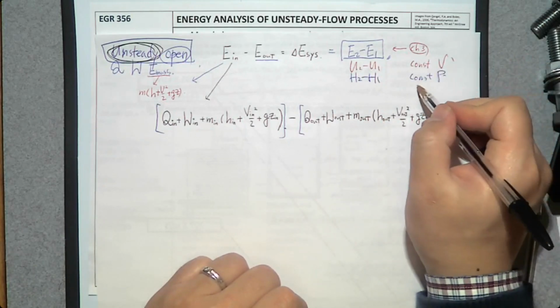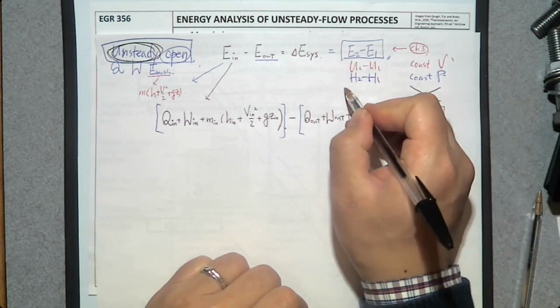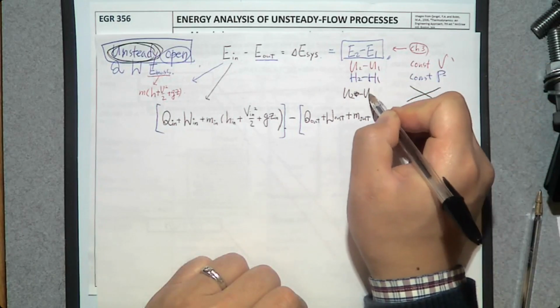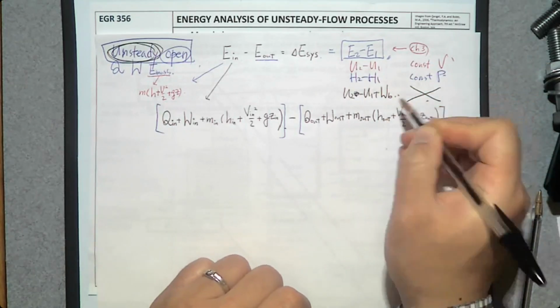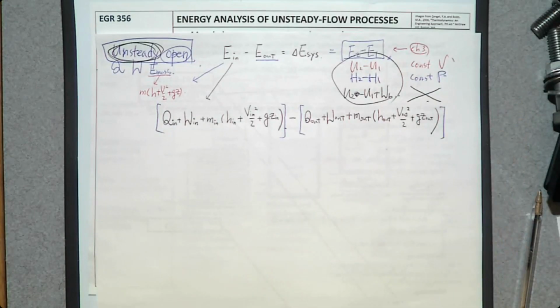If it is none of these two, U2 minus U1 plus moving boundary work. Do you remember these three? Yes, from chapter 3. So that's how you determine the energy change of a system for 3 different processes: the general process, constant pressure process, and constant volume process. So that's how we determine the energy balance equation for an unsteady flow process.